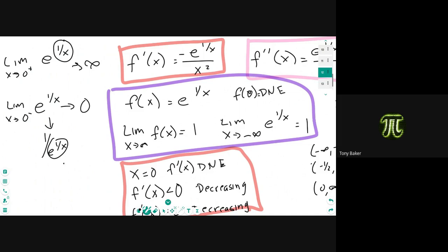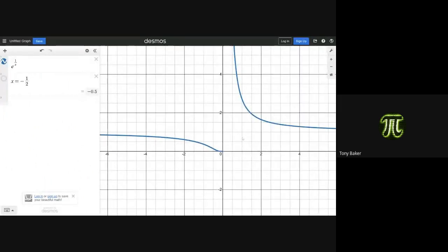And since I have no desire to graph this out by hand, all right, so here's our graph.